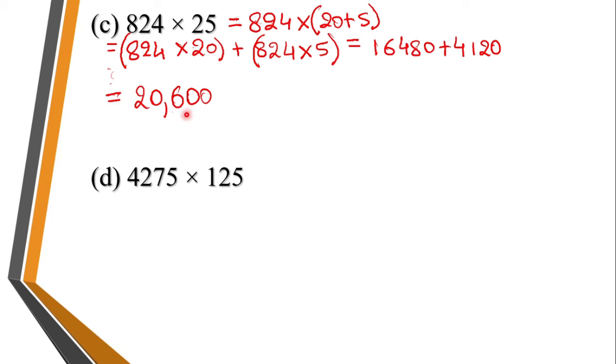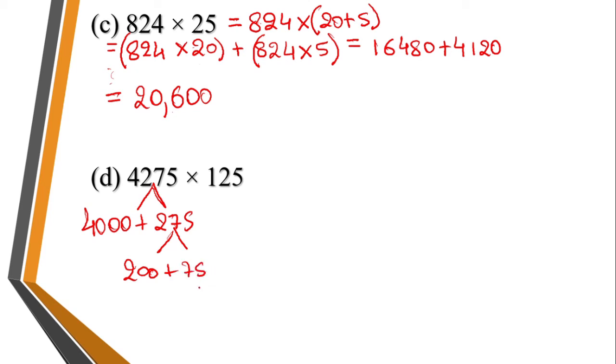Now, the next question which we have is 4,275 into 125. Now here, first we will split 4,275, right? Now if you split it, it would be 4,000 plus 275. Now again, if you split 275, it will be 200 plus 75.